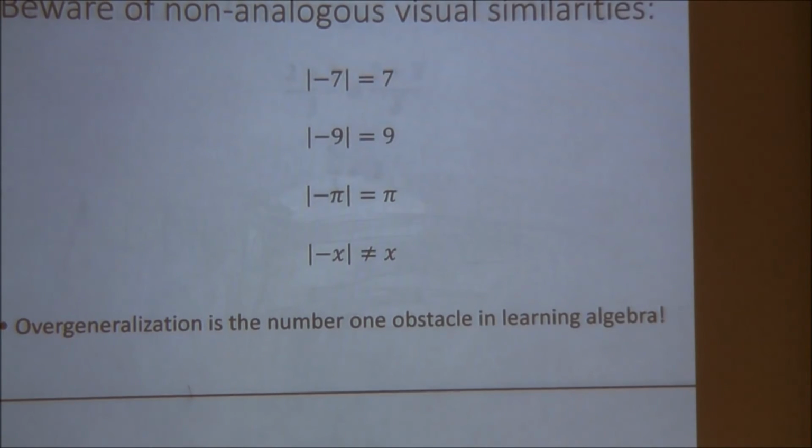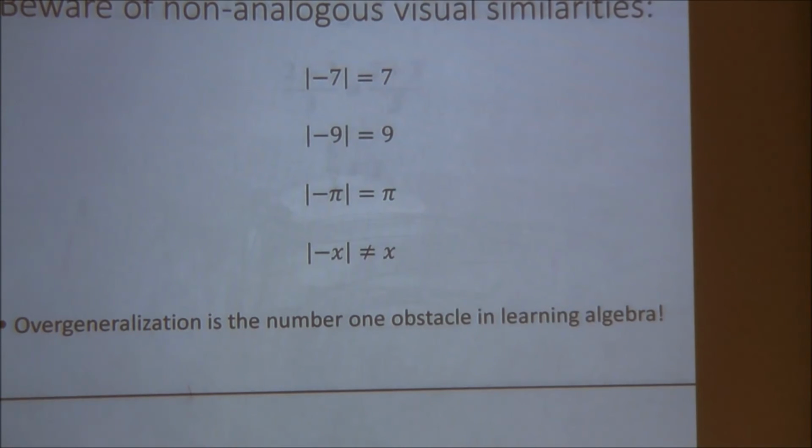And of course, algebra is full of things that we think we understand and we don't, both as teachers and as students. And I've had teachers think that the absolute value of negative x was x, especially ones that had not ever taught algebra. So to make that jump ahead to algebra, especially for the middle school teachers, be cautious. Look it up.